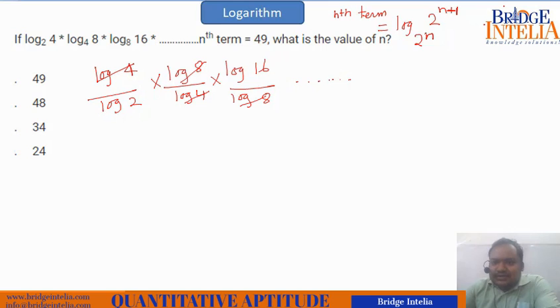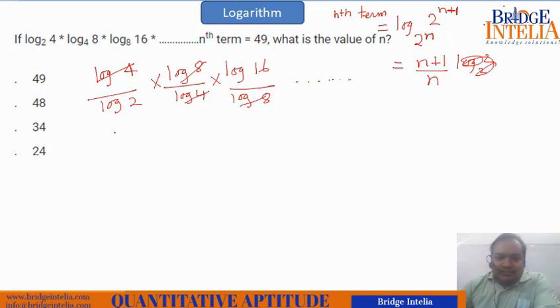This can also be written as n plus 1 upon n, because if you take this n plus 1, it will act as a product. If you take this n out, it will act as a reciprocal. So overall it will become n plus 1 divided by n, times log 2 of 2.